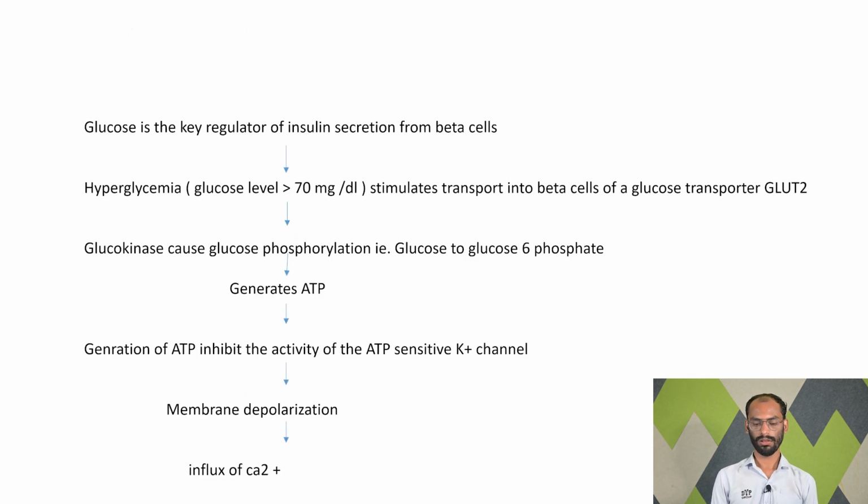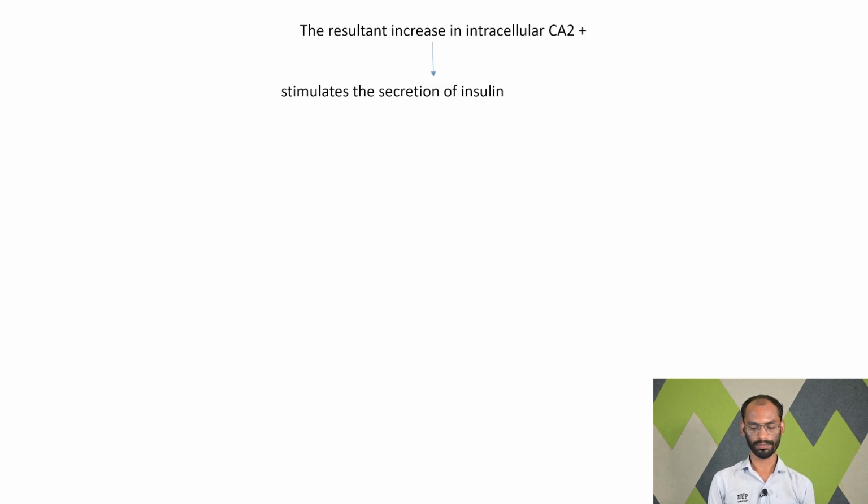So this is the overall process of insulin release in the blood. The next topic today is insulin action. After insulin is released inside the blood, insulin is transported to three target organs: the liver, the adipose tissue, and the skeletal muscle.